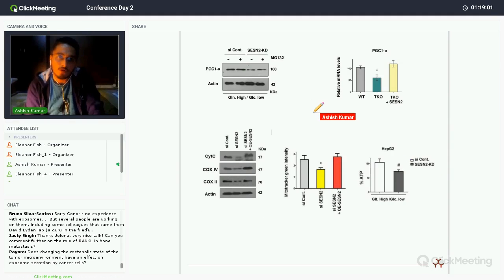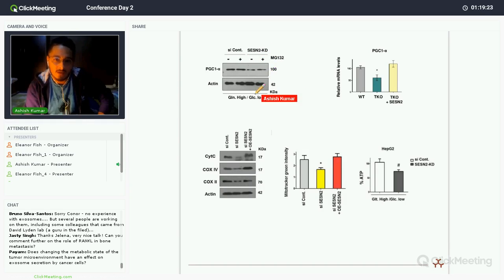Mainly, if I talk about Sestrin2 downregulation and low levels of PGC1 alpha, then this decline could be due to post-translational modification like ubiquitination and degradation of PGC1 alpha, and earlier reports have also shown that under low glucose condition, PGC1 alpha undergoes ubiquitination.